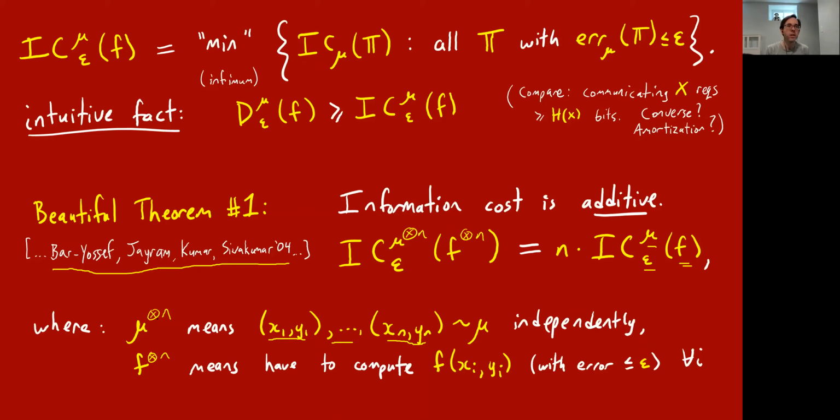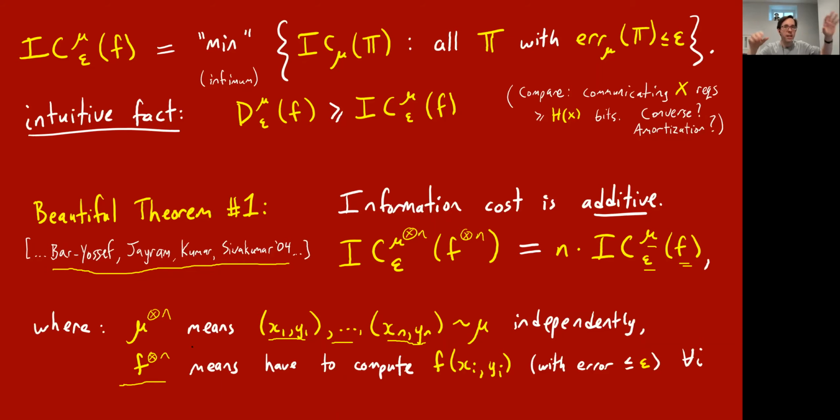So mu to the n means make n draws from the joint distribution mu on inputs x and y. And f to the power n means they're trying to solve all these communication problems and figure out f of xi, yi simultaneously, with error at most epsilon for all the coordinates.